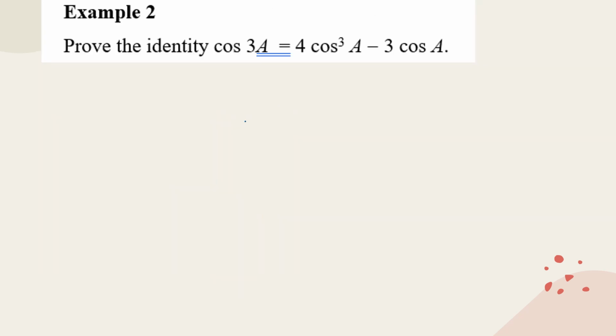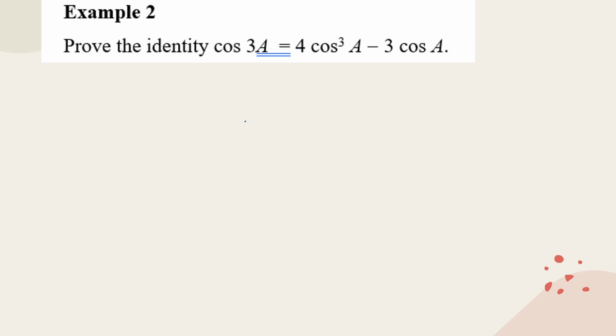Sometimes you need to use double angle to solve proving questions. So in example 2, you need to prove the identity cos 3a equals 4 cos cube a minus 3 cos a. When you do proving identity, you usually prove from the left-hand side.